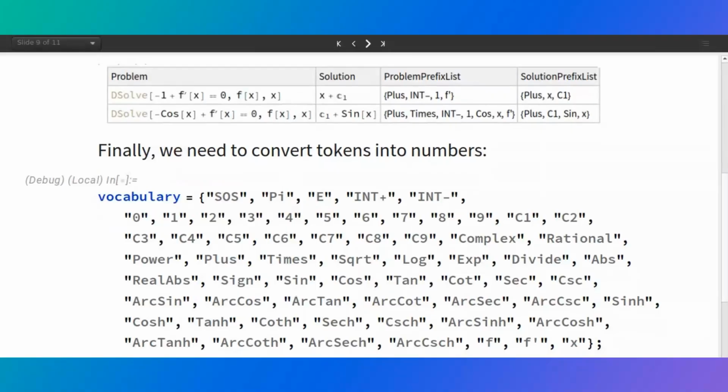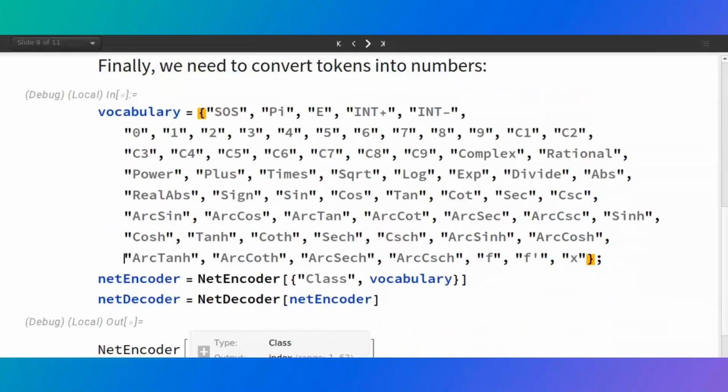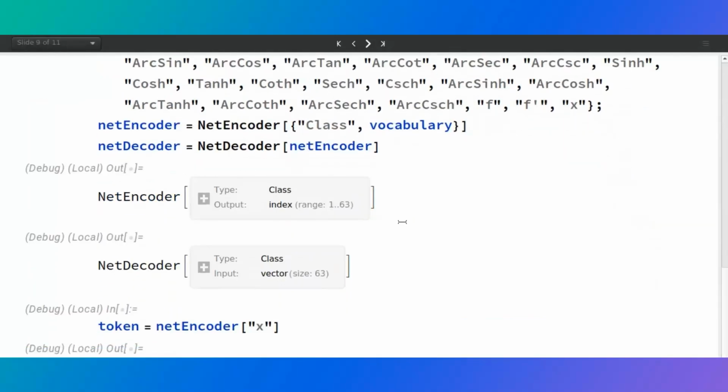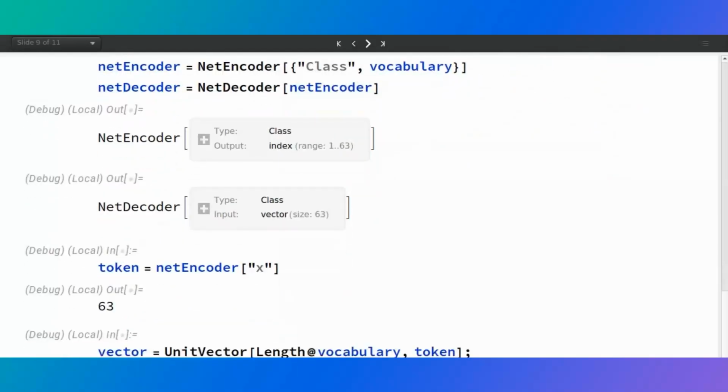So you also need to generate a vocabulary and express each token in the problem and solution as a numeric index in the vocabulary. So for example, you generate with this vocabulary a net encoder and net decoder. And for example, the letter X is represented by the number 63 in the vocabulary.